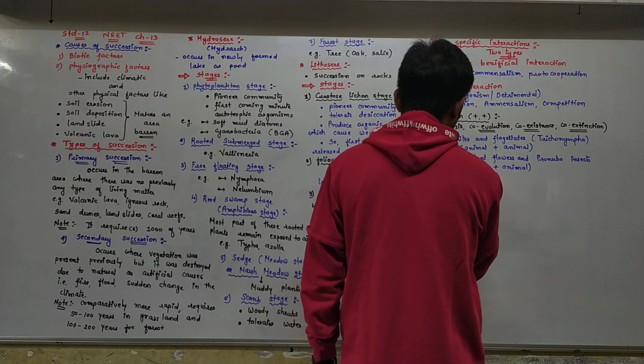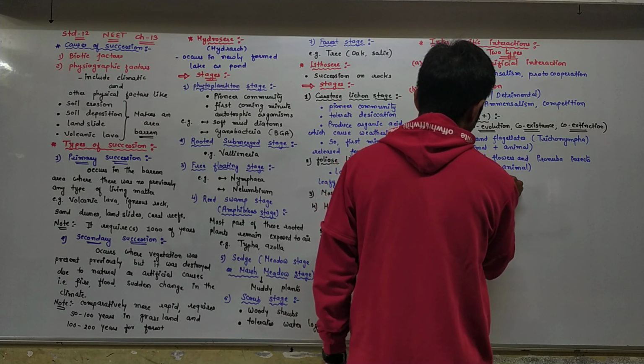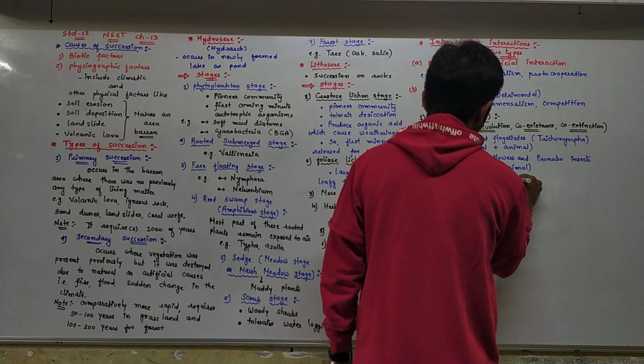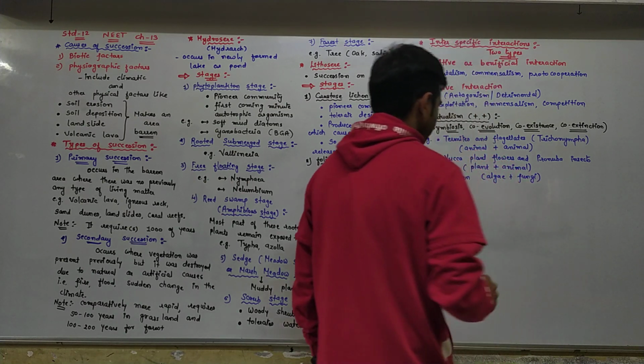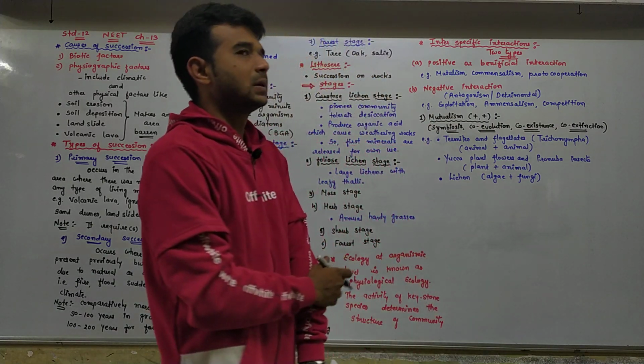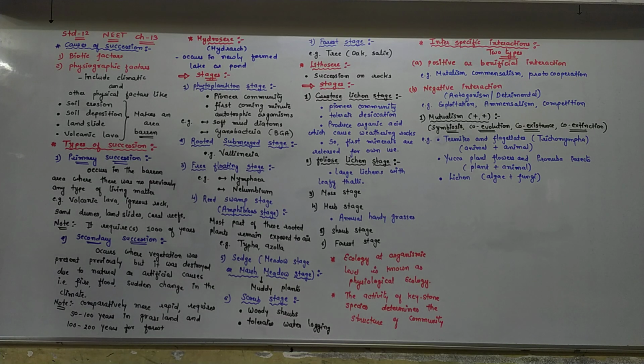Another example, lichen. You know that it is the relationship between algae and fungi. I told you earlier that the study of the lichen is known as lichenology, and here in the lichen, algae is phycobiont.